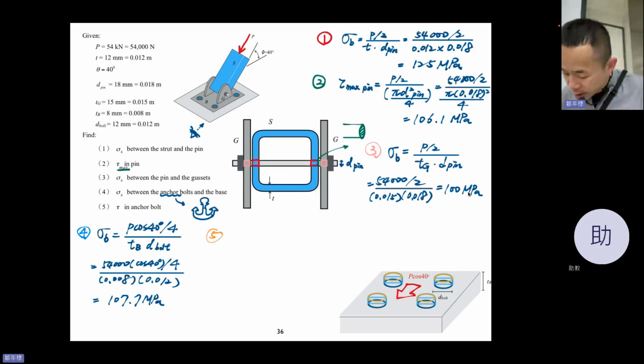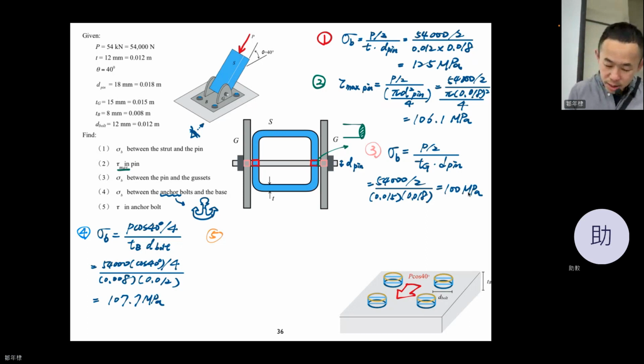So the anchor bolts have 4 yellow areas. These 4 yellow areas will share that force, right? So each anchor bolt has p cosine 40 degree divided by 4.